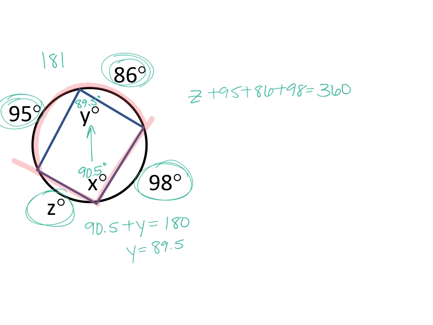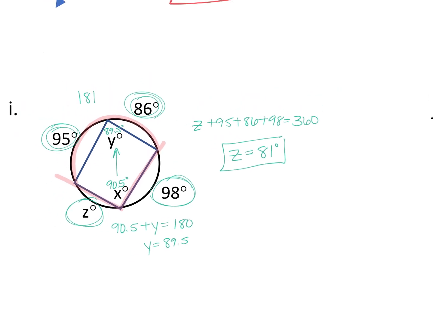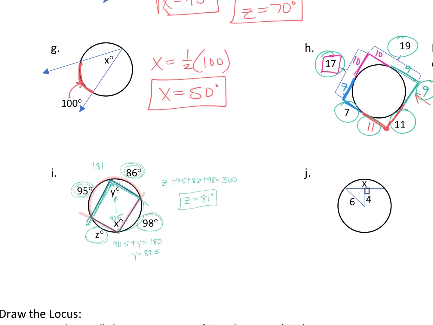So really you're just going to go 360 minus 98 minus 86 minus 95, and you get z is 81. The other way you could have done it is you could have taken this angle and doubled it and then subtracted the 98 from that as well.